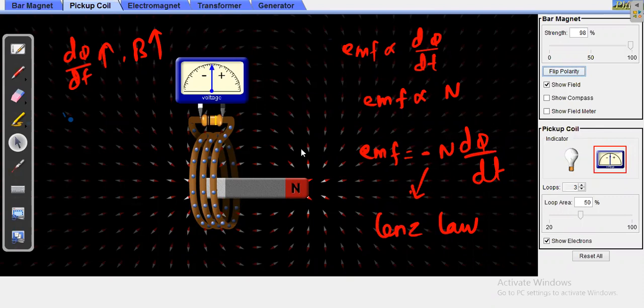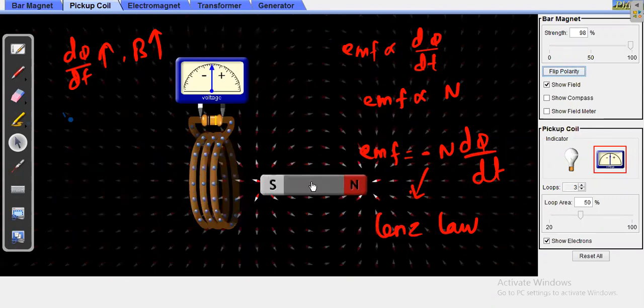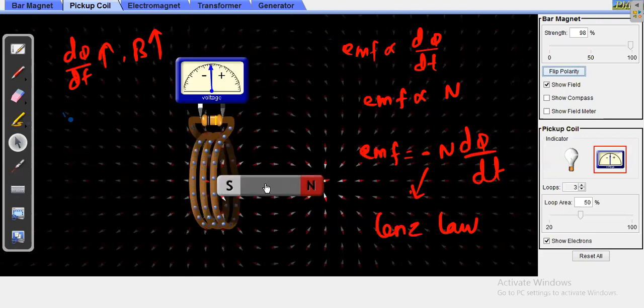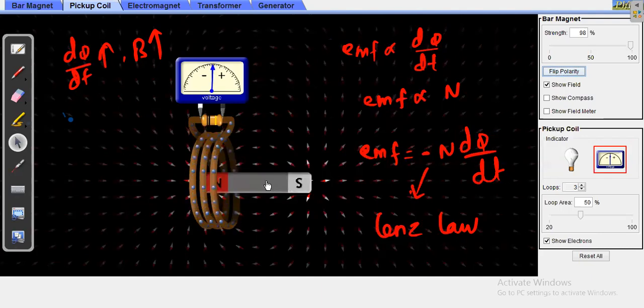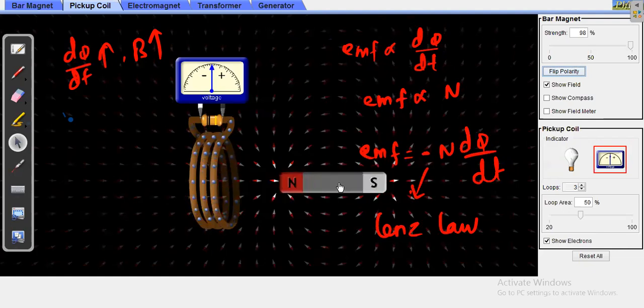One more thing you can observe: the dot inside the wire is like electrons. In this case the electron is going down. Now if I flip the polarity, the electrons are going up. Are you observing that, sir? Please observe carefully. When I go close to the coil, the electrons go up.